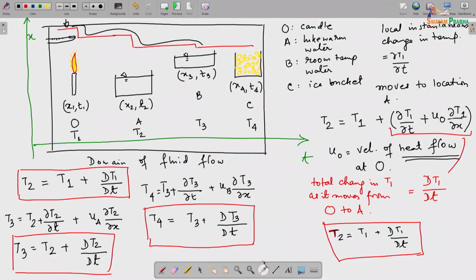This continuum approach is not getting violated. What is happening is, as I move from location O to location A to B to C, there is a heat flow, there is a fluid flow, because of which that heat is getting transferred. I think that is the key word: heat is getting transferred.